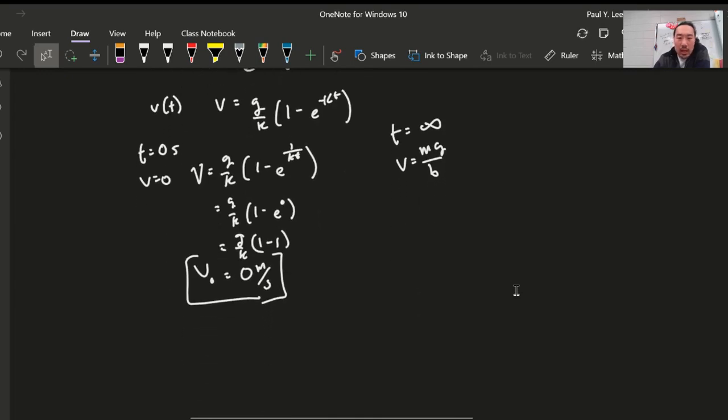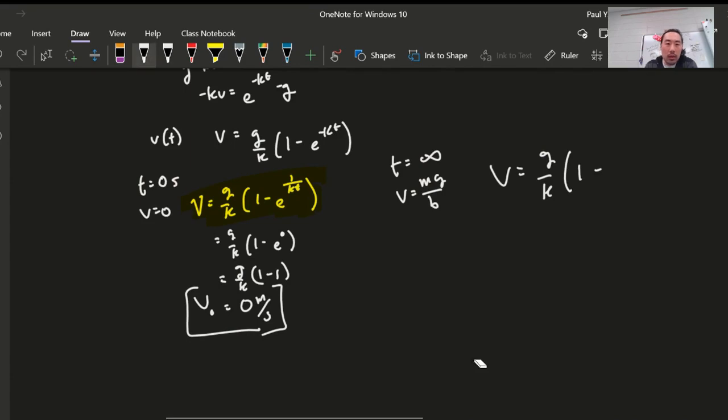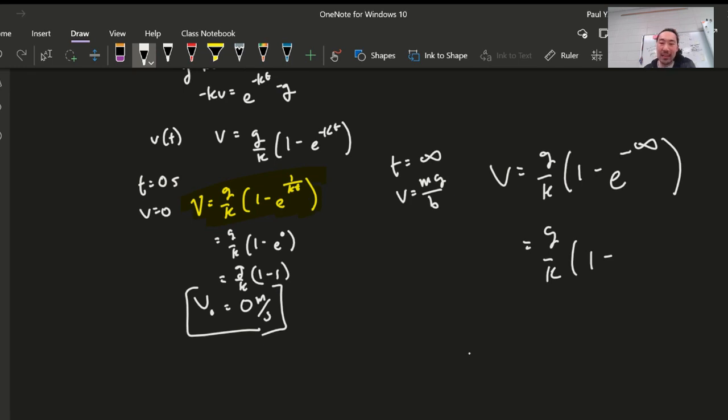Okay, so we want to make sure that our terminal velocity does in fact equal mg over b. So I'm going to start from this step here, because that step will show us our substitution. So we get g over k times 1 minus e to the negative infinity power. e to the negative infinity power gives you 0. So this just gives you g over k.